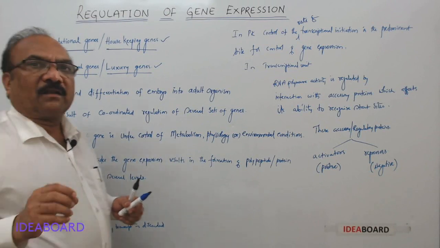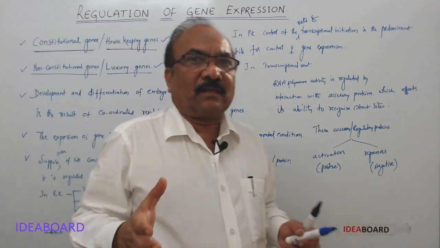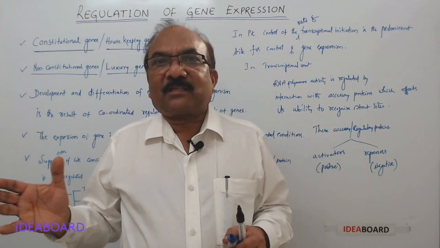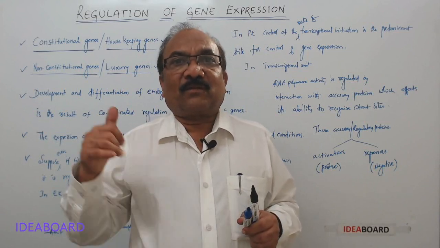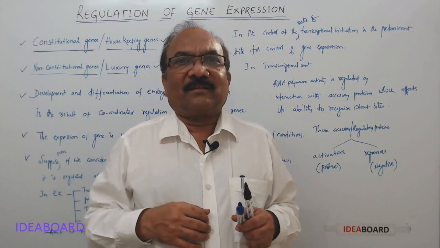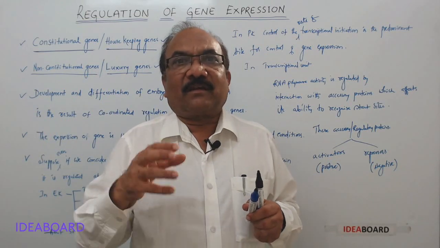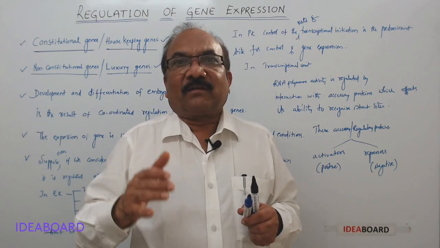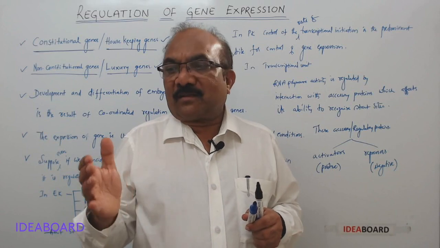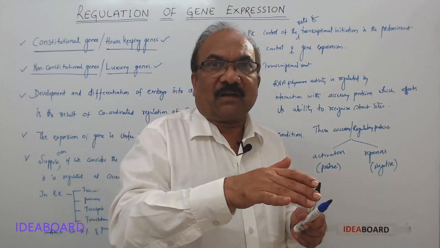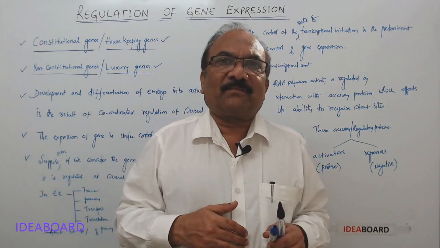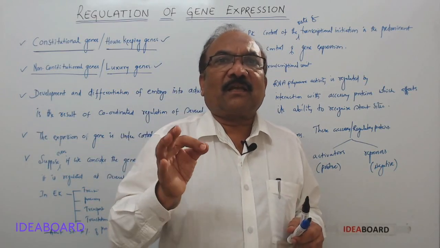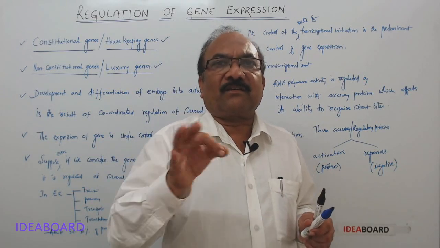So how is their expression regulated? That is gene regulation. Whenever they are required they are expressed, and whenever they are not required their expression is stopped. That is regulation of gene expression.